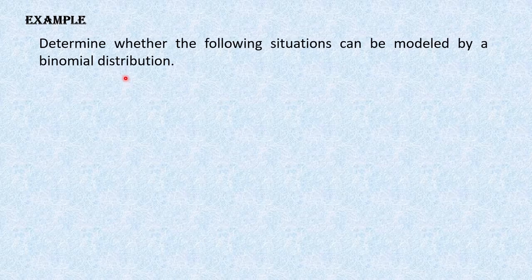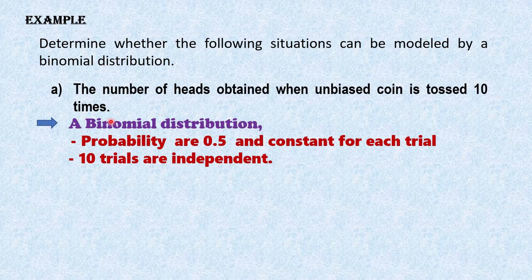Okay, now take a look at the first example. Determine whether the following situation can be modeled by a binomial distribution. A. The number of heads obtained when an unbiased coin is tossed 10 times. Okay, so the trial here is we have a coin and we toss the coin 10 times, and we focus on getting a head.